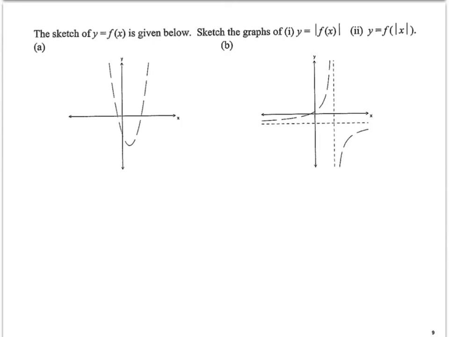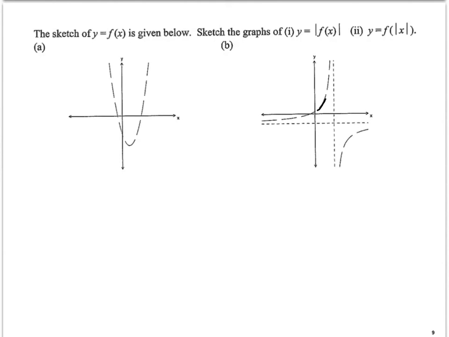In this second example, y equals f of the modulus of x. If you remember back to the first one that we were doing, what that actually meant, it meant that everything to the left-hand side of the y-axis, so all of this part here, just forget about it. Just scrub it out. Forget it even exists, and then we're going to reflect everything on the right-hand side of the y-axis in the y-axis.